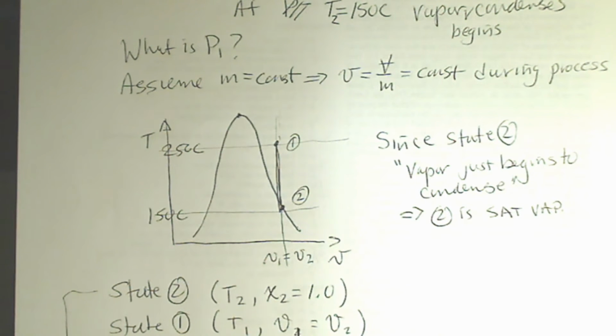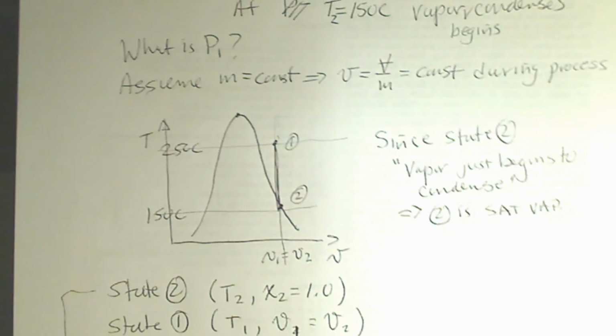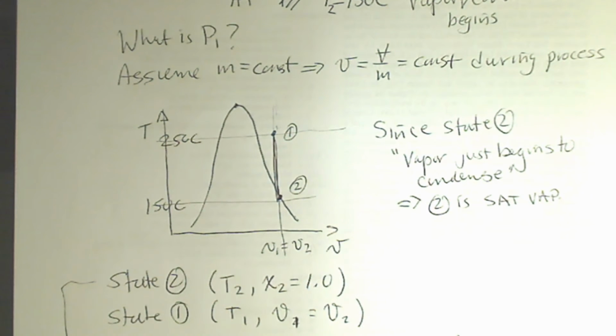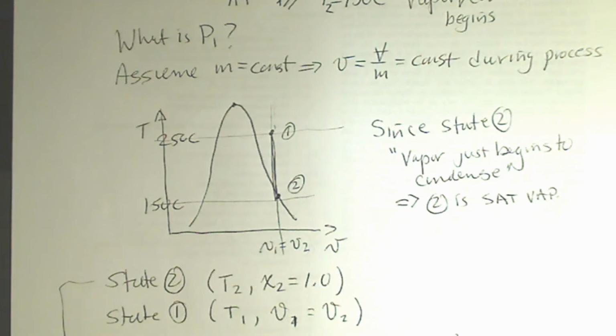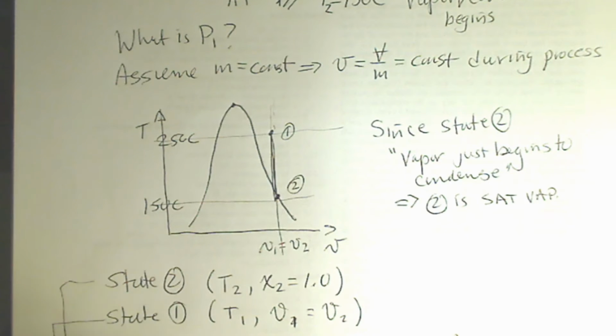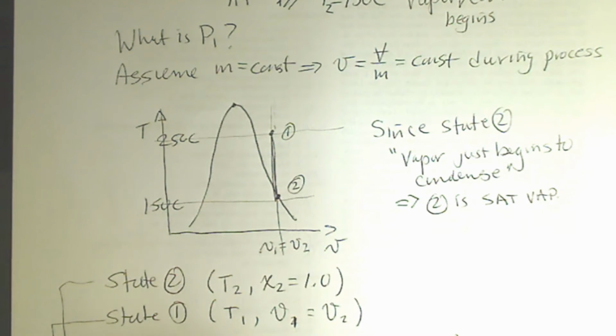And hopefully these tables agree well with the tables in your book; they are from a slightly older edition of the textbook. But regardless, if we now know that, we need to look in the superheated tables. Why am I looking in the superheated tables?